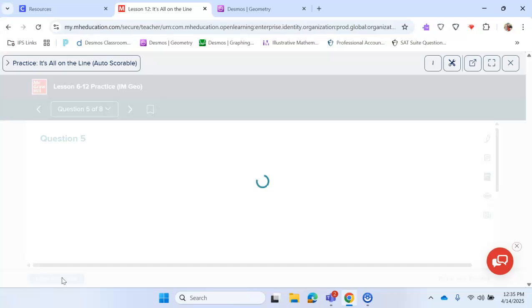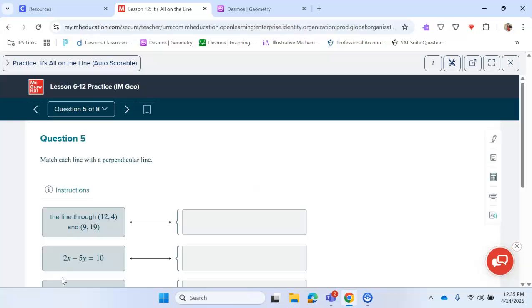Question 5. Match each line with a perpendicular line. The line through (12, 4) and (9, 19).